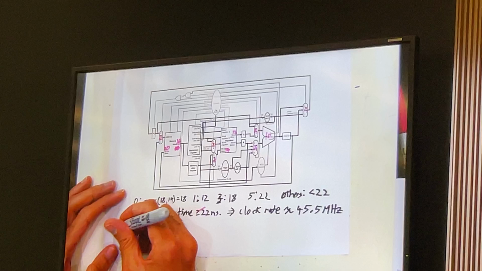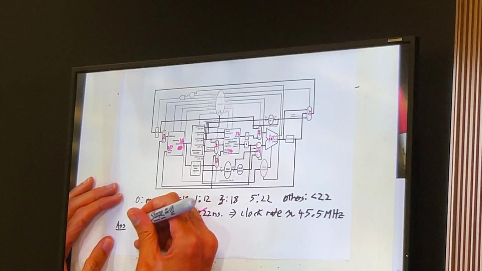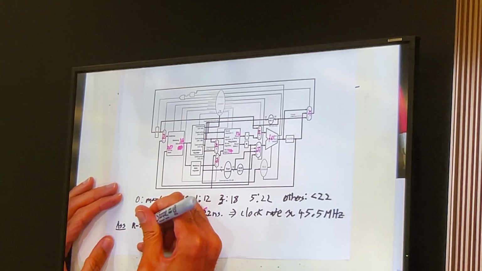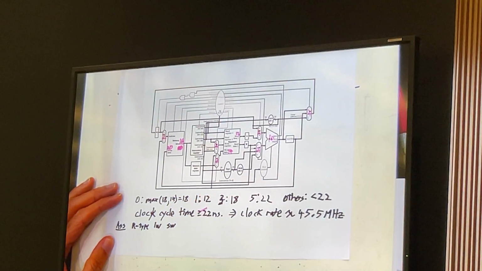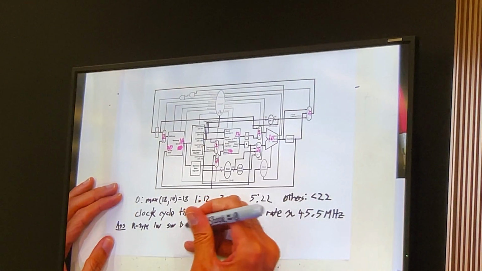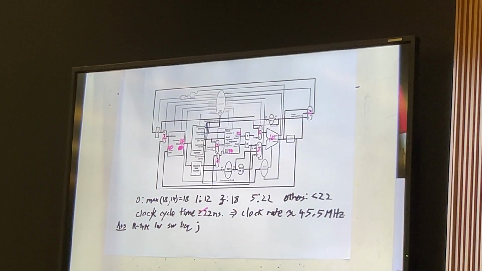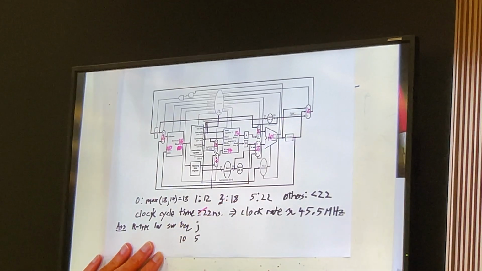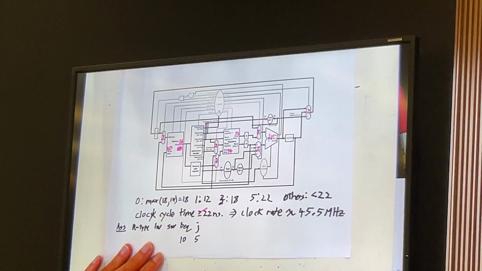So let's assume, based on extensive simulation and analysis of benchmarks, an instruction mix of R-type, load word, store word, branch, and jump. As a rough rule of thumb, branches are approximately 1/7 of the instructions. So let's say this is 5% and this is 10%, because 1/7 is about 14.